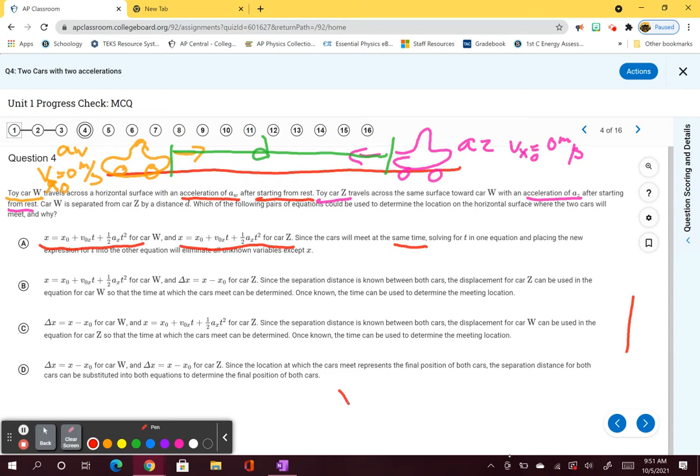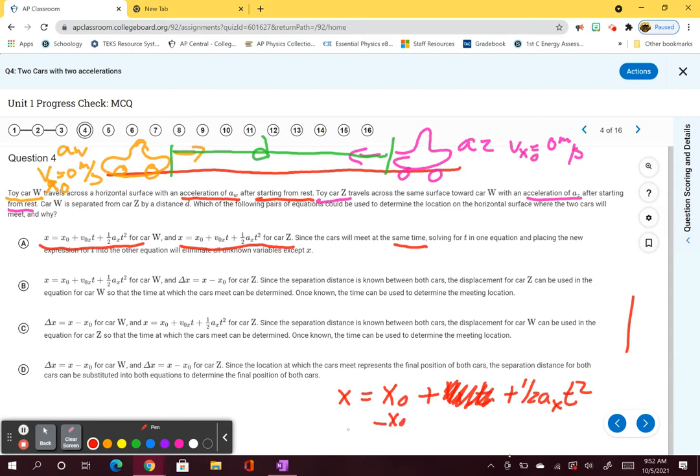So it looks something like this. We know your initial velocity is 0, so that can go away.